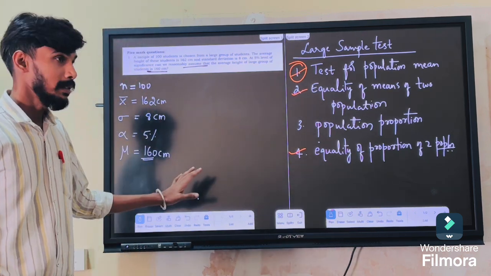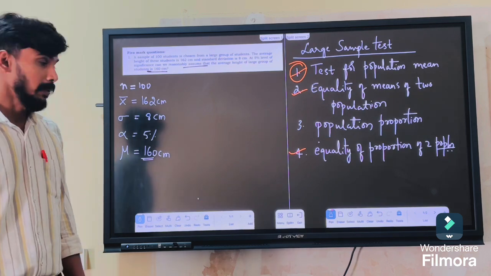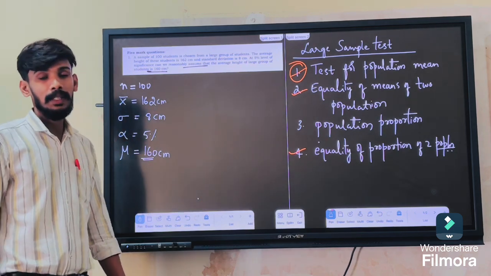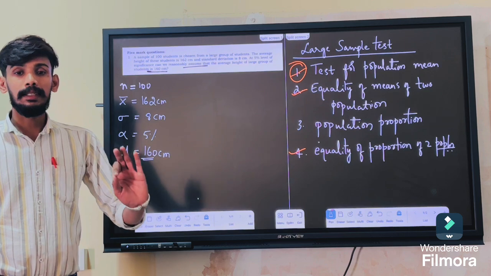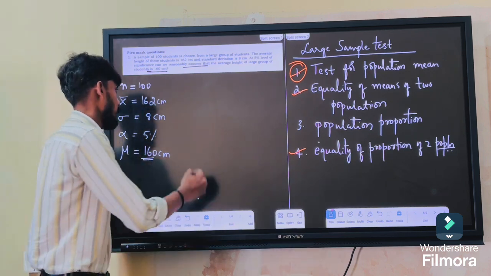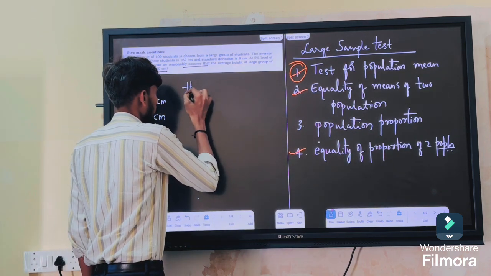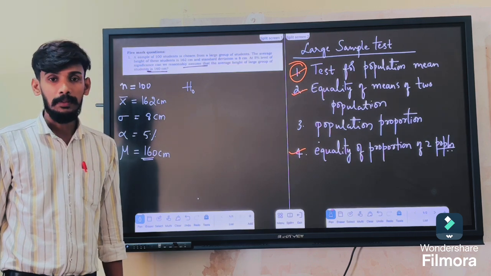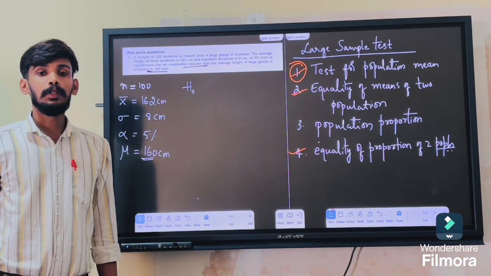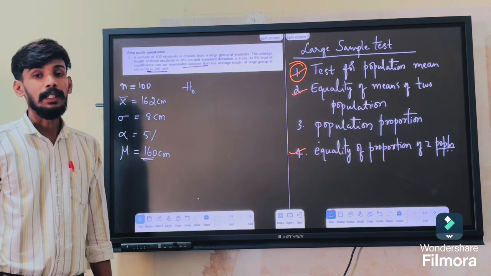After listing out the information given in the question, the first part of solving this question is setting or writing the hypothesis. First we have to set the hypothesis H0, which we always assume to be equal to.